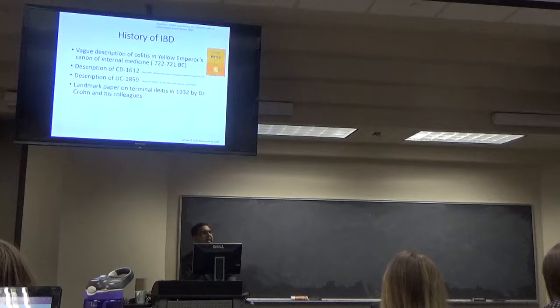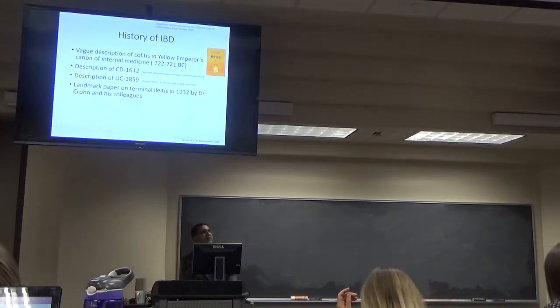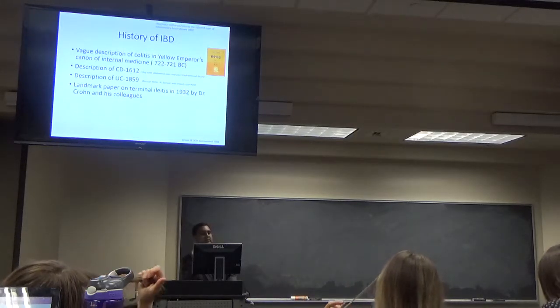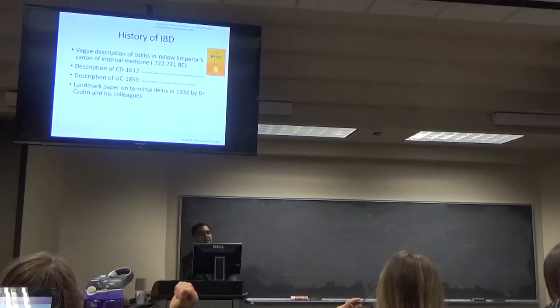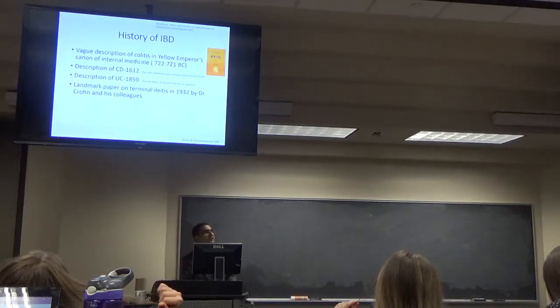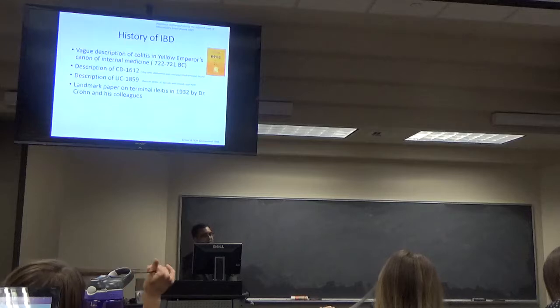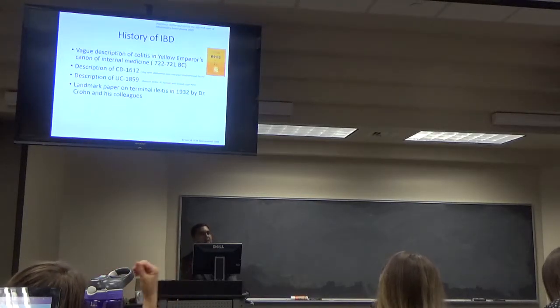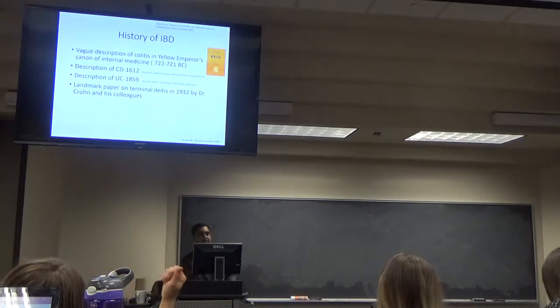There is even a vague description of this type of colitis in one of the very first textbooks of medicine, called Yellow Emperor's Canon of Internal Medicine, that was written in 700 BC. The classic description of Crohn's disease was first described in 1612. The classic description of ulcerative colitis was described in 1859.